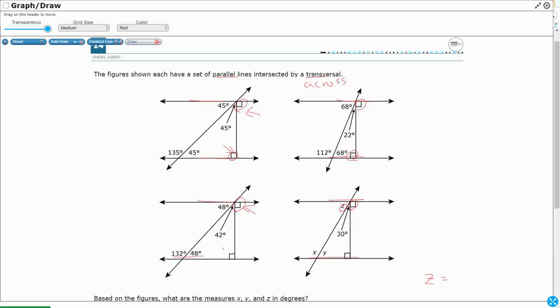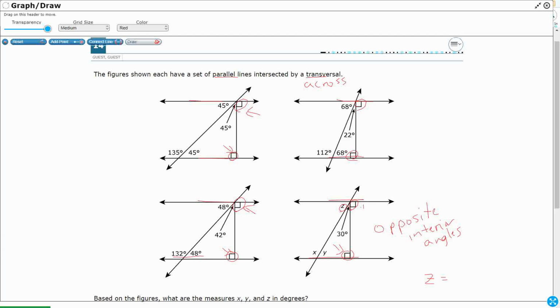These two right angles actually hold a very special position. These are called opposite interior angles. Opposite interior angles are angles that are on opposite sides of the transversal, but on the interior of both sets of parallel lines.